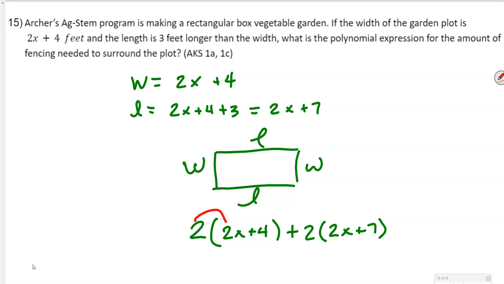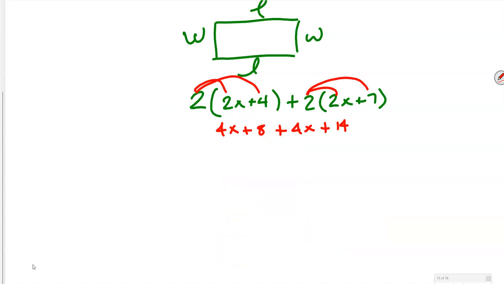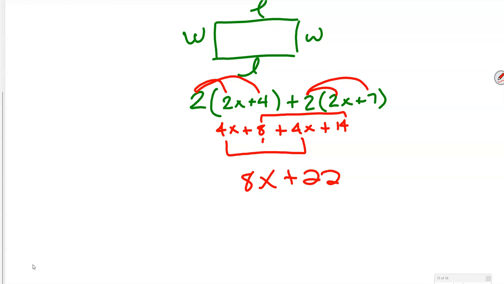We distribute the 2. 2 times 2x is 4x. 2 times 4 is 8. 2 times 2x again is 4x. 2 times 7 is 14, right? So then, don't we have these like terms right here? 4x and 4x is 8x, right? And 8 plus 14 is 22. That's our answer.